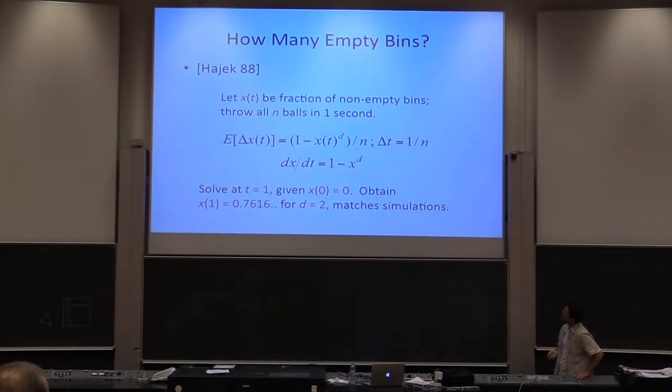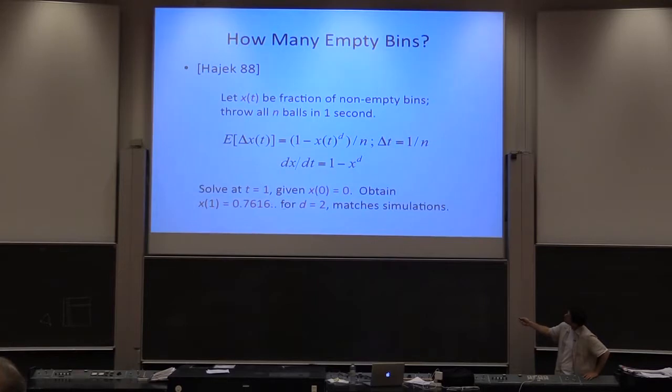When we have multiple choices, it's a bit harder, because it's not just whether something is missed or not, it's whether a ball actually gets placed there. So the way to do this is to think of time as being scaled. We'll think of the n balls as being thrown in 1 second, so the delta in time for each ball is 1/n.